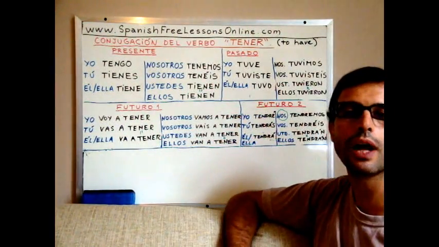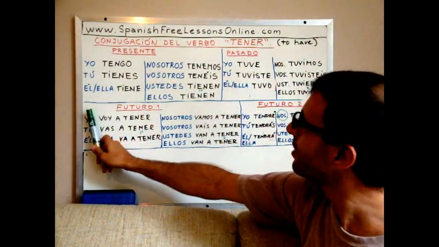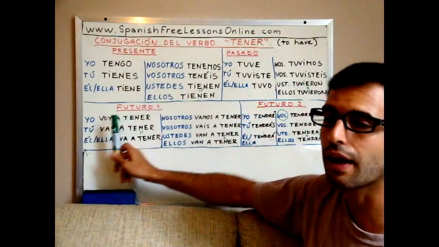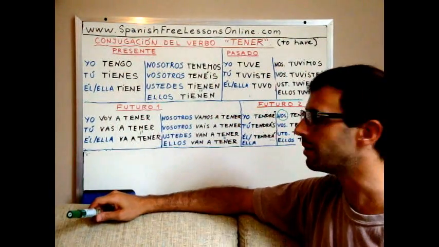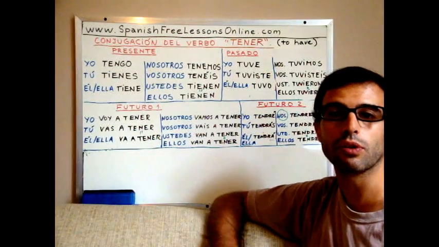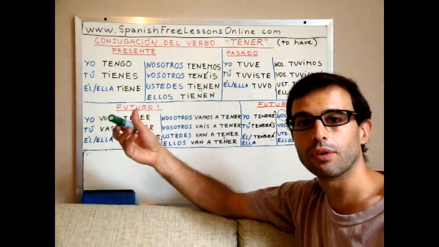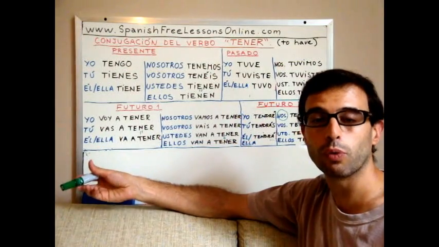See how simple, how easy it is to conjugate in the future using this form, right? It's as easy as it is in English, right? So for English, conjugation of the future, we just take the word will and then add the verb in infinitive that we want to conjugate, right?